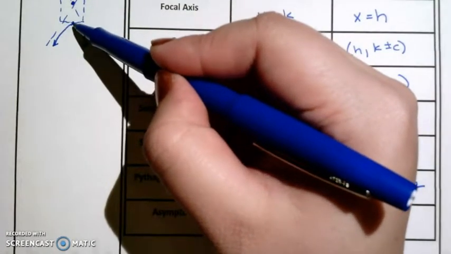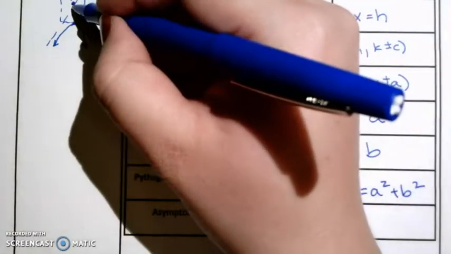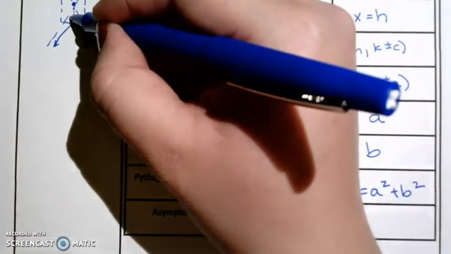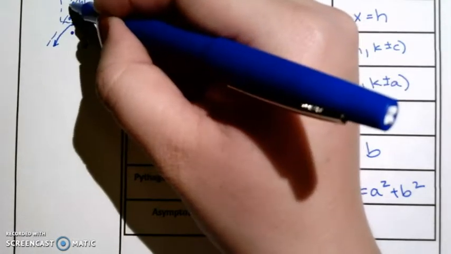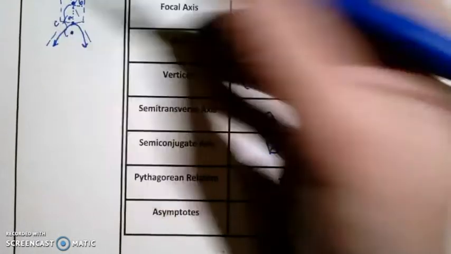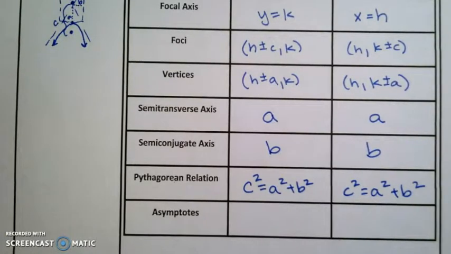So if this distance is a, this distance is b, we have our focus on the outside, and that whole distance is c. So c is, once again, our longest distance.